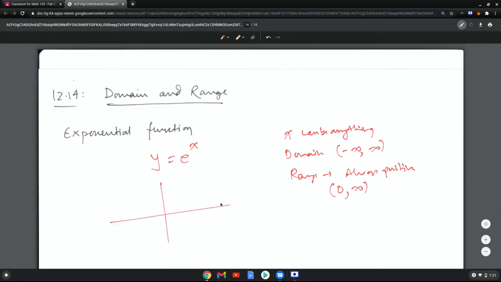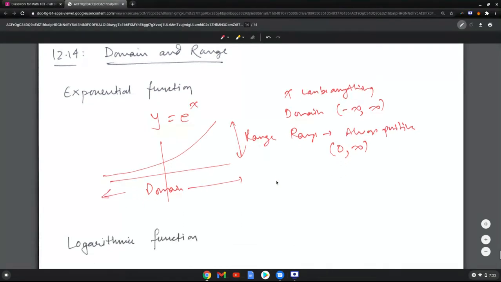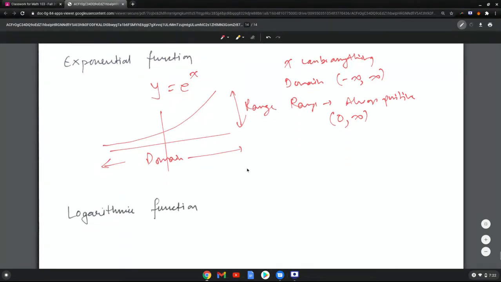And this is also clear from the context of the graph, right? That's the domain. It's everything. But that's the range, and it's only the positive numbers. Now logarithmic functions, it should be switched from y equals e to the x, say.